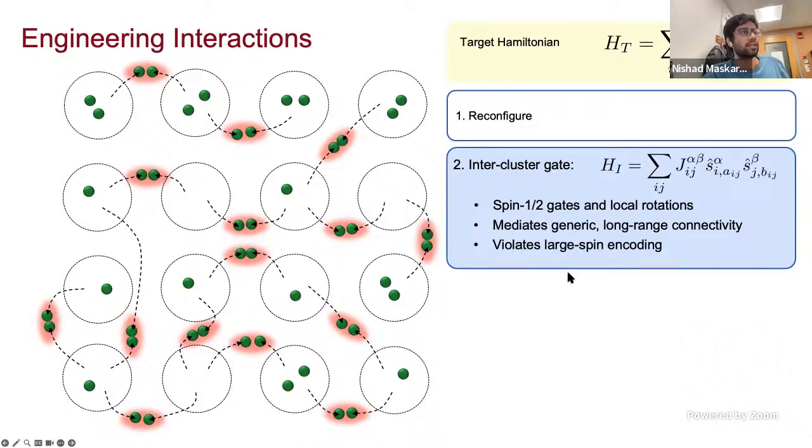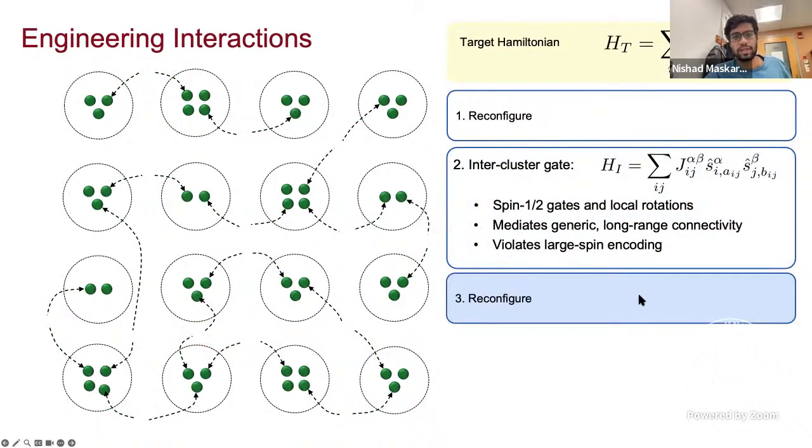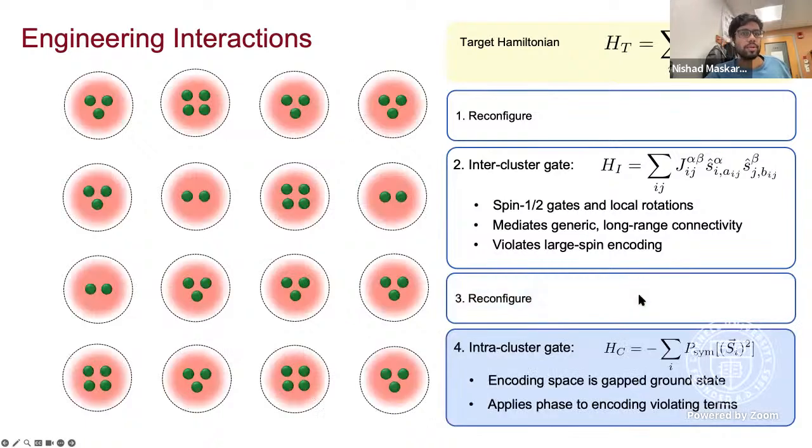However, if you think a little bit more about it, this interaction isn't actually the same as the target interaction because it acts at the level of spin 1/2 instead of at the level of the large spin. So in the next step, we're going to reconfigure the system again, and this time we're going to apply another gate that acts within each cluster. The purpose of this gate is to generate an energy gap between the large spin degree of freedom that comes from the symmetric subspace of each group of qubits and the rest of the system.